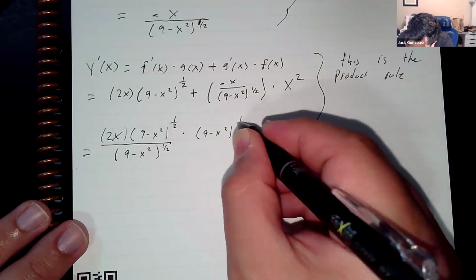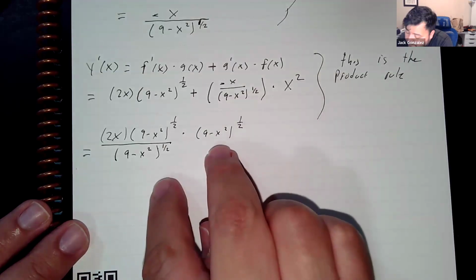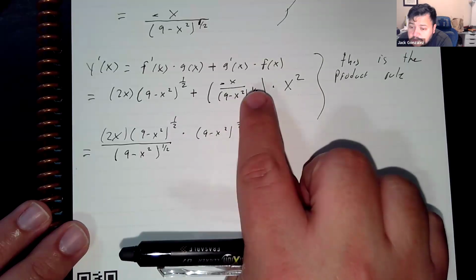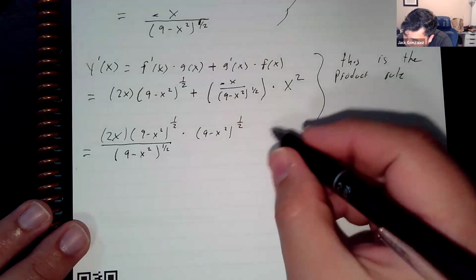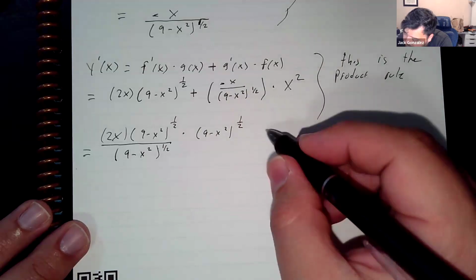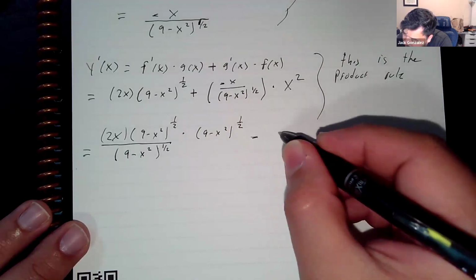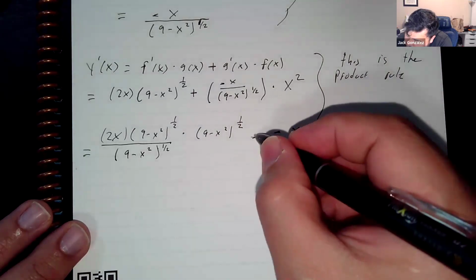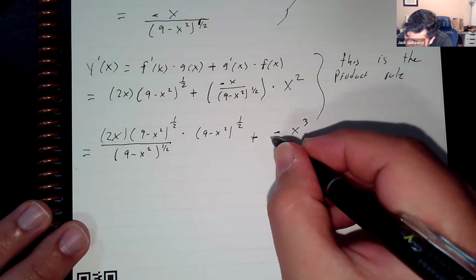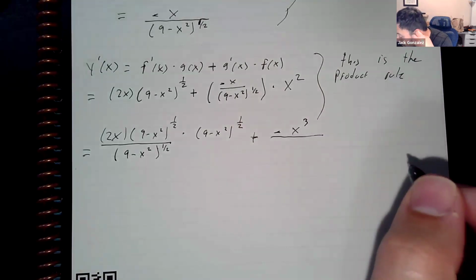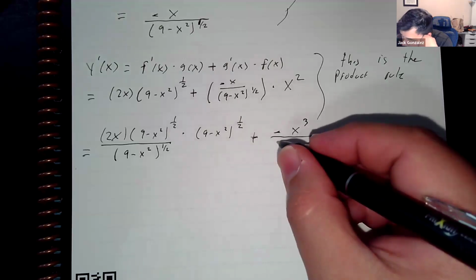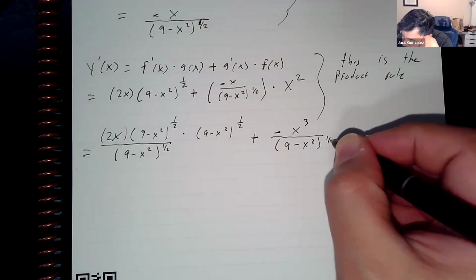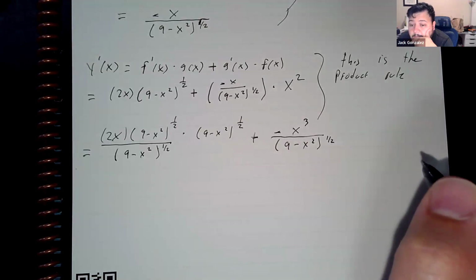So multiply the top and bottom by 9 minus x squared to the 1/2. That way it has the same denominator as this one. And then I'll multiply the x times x there, x squared. Get negative x, oops, cubed over this guy.